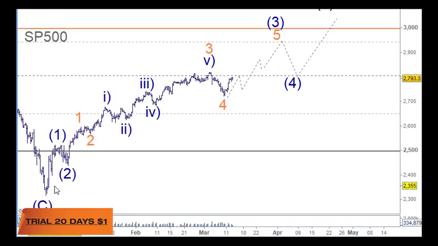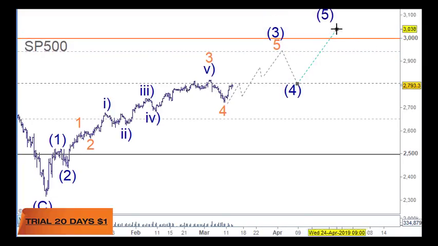from the low here, we can look at this in terms of 1 and 2 here, and then 5 waves up in terms of 1 and 2 here, and 3 to here, which would leave us 1 and 2 and 3 and 4 and 5 here for the third wave, the fourth wave here, and the fifth wave here, taking us above the 5,000 there.